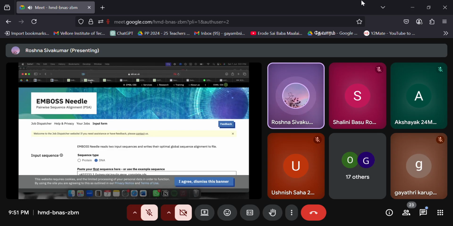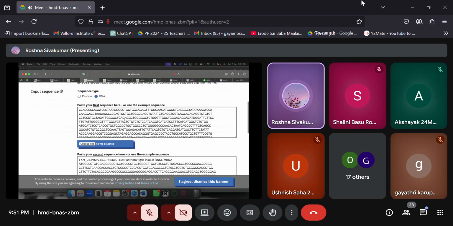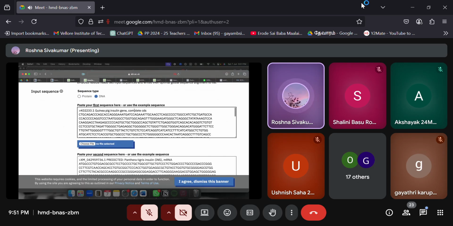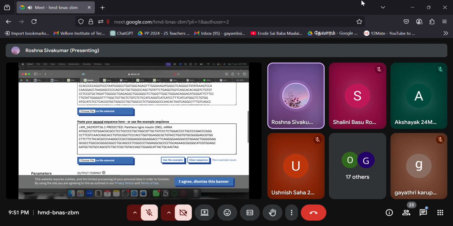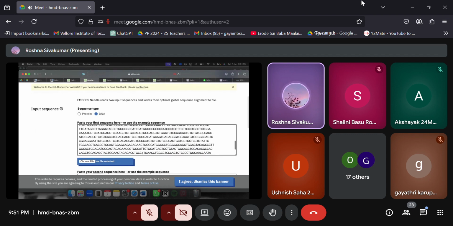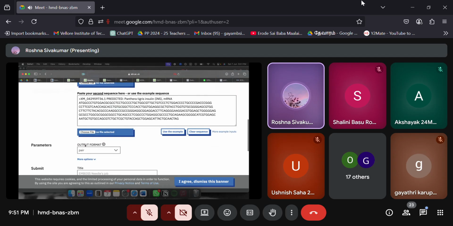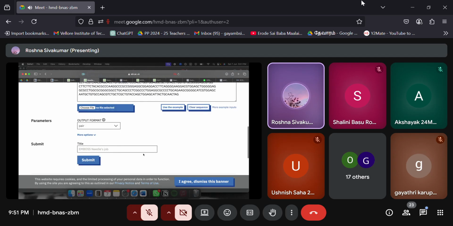Now we will be looking at EMBOSS Needle, which is the local alignment tool. So now we're aligning, like I said, the guinea pig's insulin gene and the tiger's insulin gene. Since we're all at the beginner stage of using these tools, we usually do not fiddle with these parameters because they will mess things up.